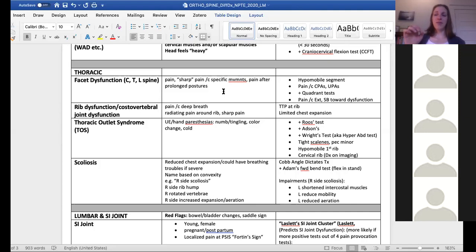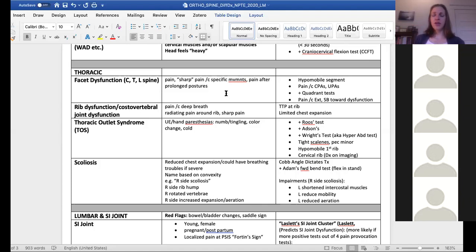If we have pain palpating the rib, that's going to be more likely a costovertebral issue. So it could be palpation at the rib, it could be palpation at that specific joint, or it could be our joint play assessment on the rib. So a PA spring at the rib could cause or reproduce a patient's pain. If that is the case, then we're thinking more of a costovertebral issue versus a facet issue.